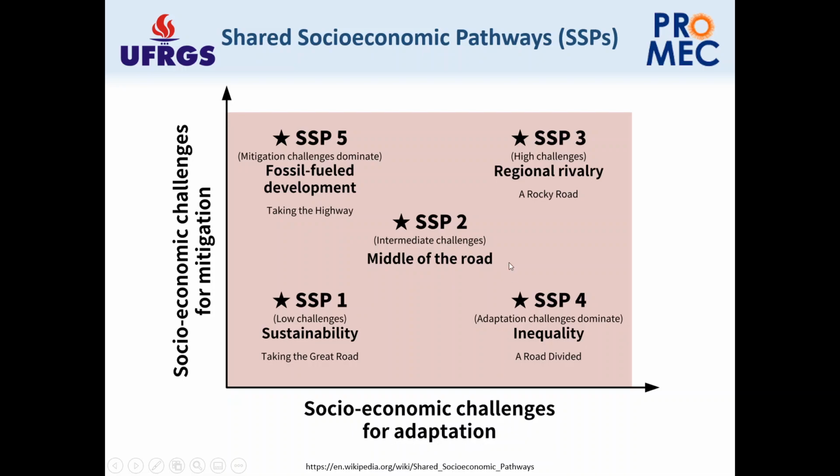So these two, they have to spend a lot of money and focus on adaptation to climate change. And these two, they have to focus a lot of money into mitigation measures. So mitigation measures in order to avoid that you have climate change.